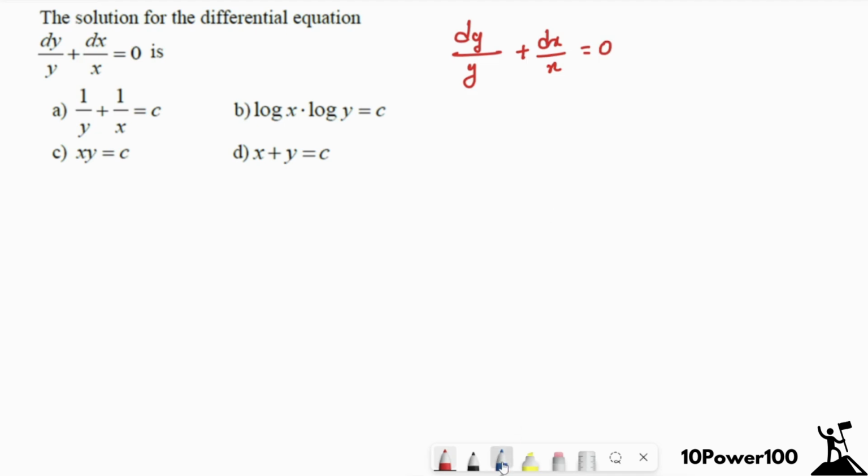Okay, so this problem is based on the variable separable method, and also here in the question the variables are separated, but one thing is we have to separate dy and dx on the left and right hand side. So let's take it like that. So dy by y is equal to minus dx by x.